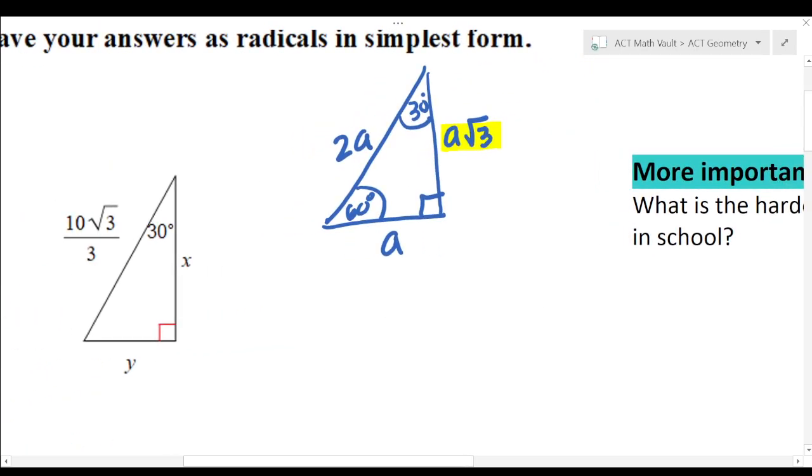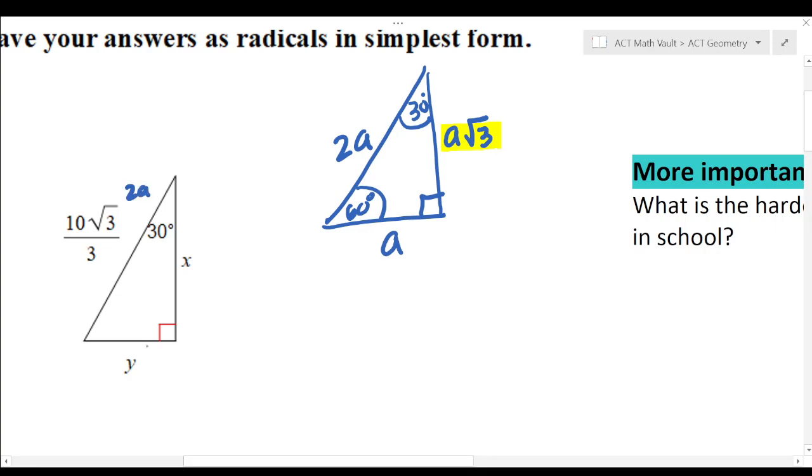Then the second one's a little harder. We are given only the 2A, and it looks very complicated. If, let's say, this was 10, wouldn't we know that A is just 5? But it's not just 10, it's 10√3/3. So what I recommend first is just labeling everything.